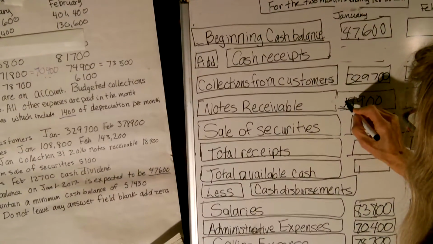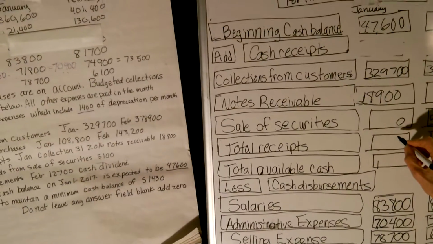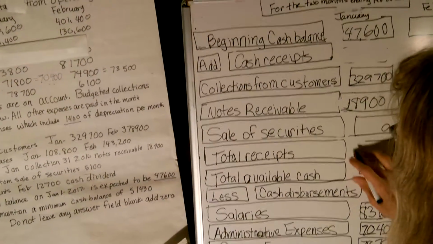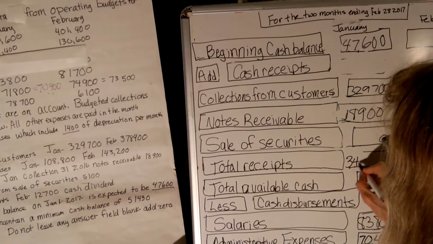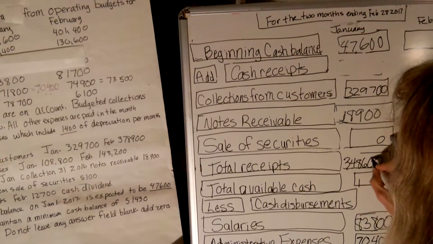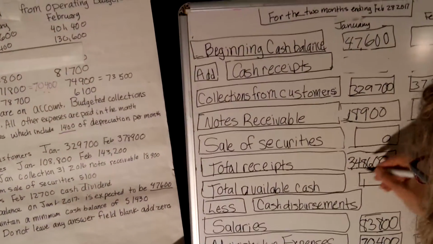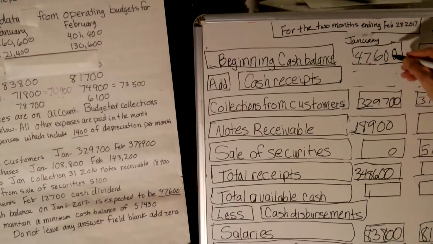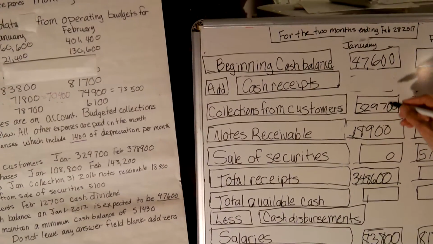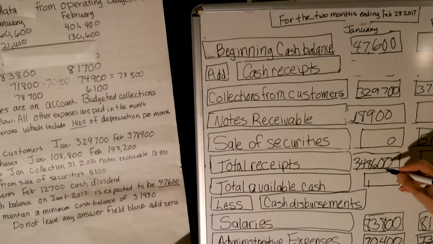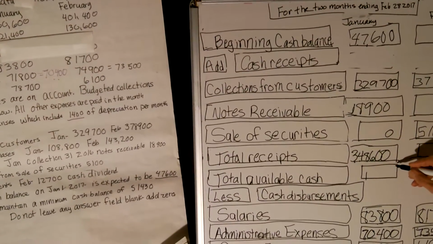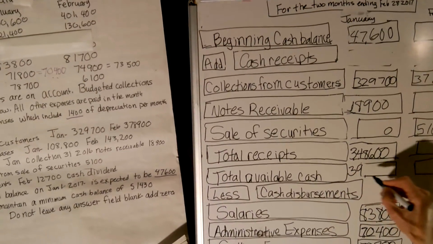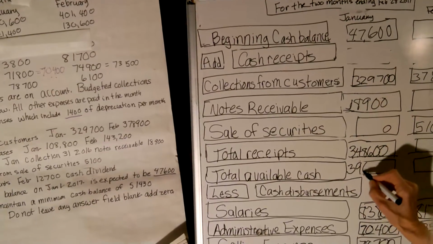We add all of these, and then we get our balance of 348,600. That's the sum of all these total receipts. And then we take this plus the total receipts, and we get 396,200.